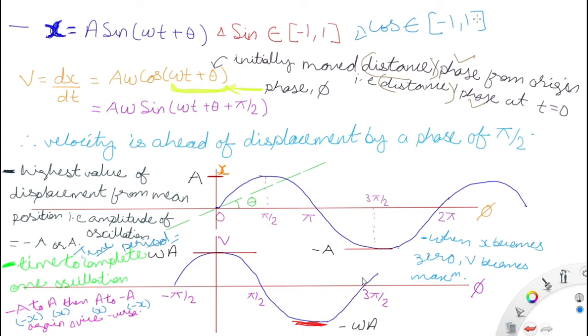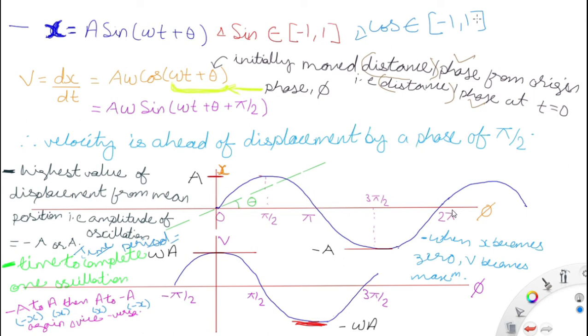Now the displacement goes from minus A to A, then comes back from A to minus A. So the time period is the time in which the displacement goes from minus A to A and again returns to minus A, or in terms of x, the particle moves from minus x to x, then from x back to minus x, and vice versa.